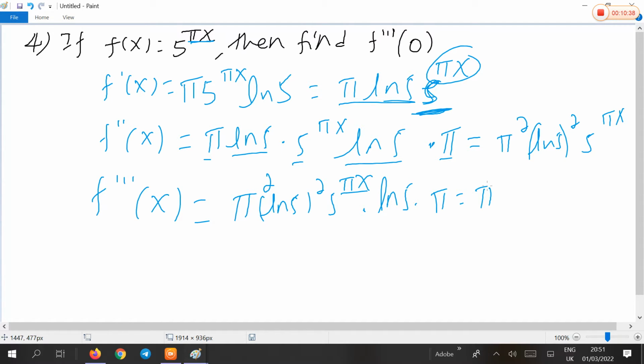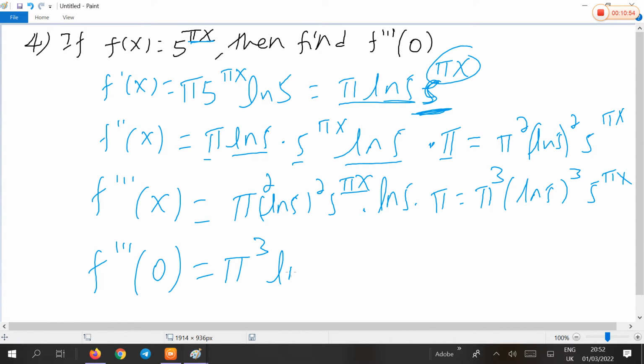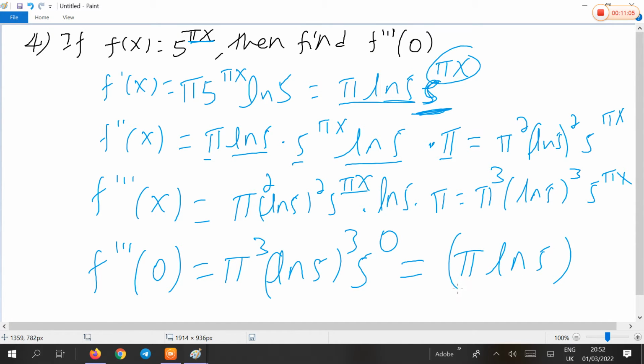So this will be pi cubed times ln 5 to the power of 3 times 5 to the power of pi x. So the third derivative at 0 will be pi cubed times ln 5 cubed times 5 to the power of 0. Any number to the power of 0 is 1, so the third derivative at 0 will be pi times ln 5 to the power of 3.